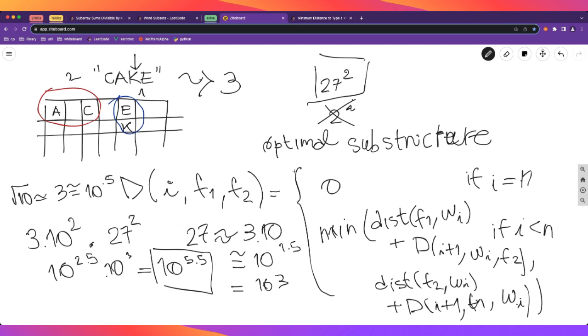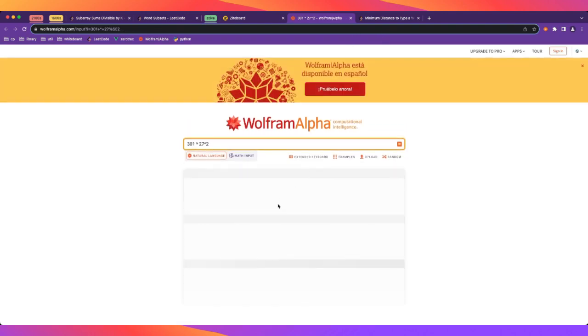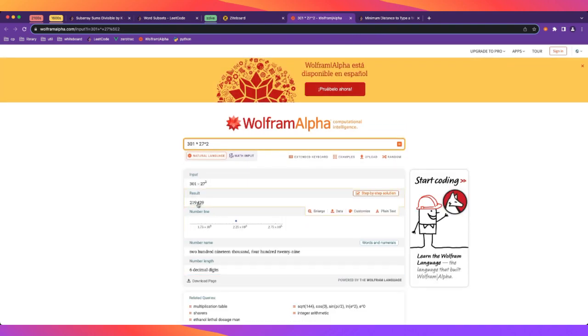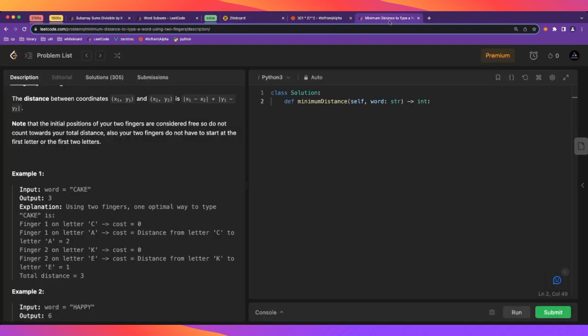Of course you could do that with a calculator. Our estimation was around 300,000, and the exact number is this, which is close enough for our purposes. So I think we're ready to start coding this.